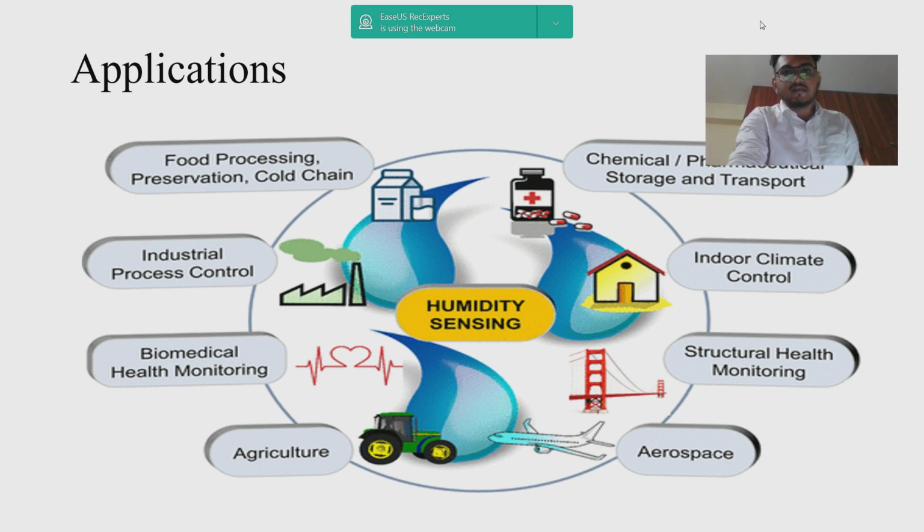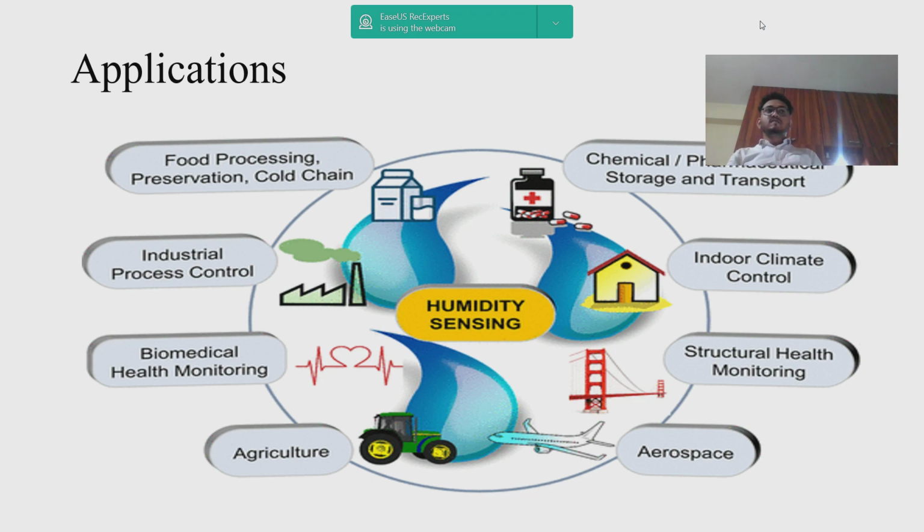Next, we can see about industrial processes. Industries like pharmaceuticals, foods and beverages, and manufacturing sectors use humidity sensors to control and monitor the quality of products and processes. They control the moisture content in the industry.